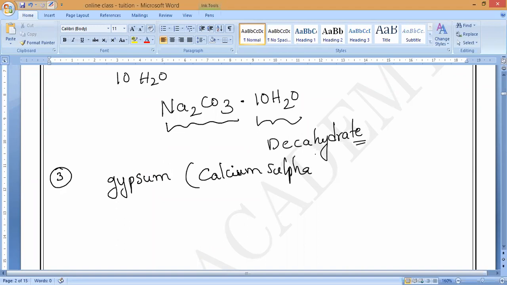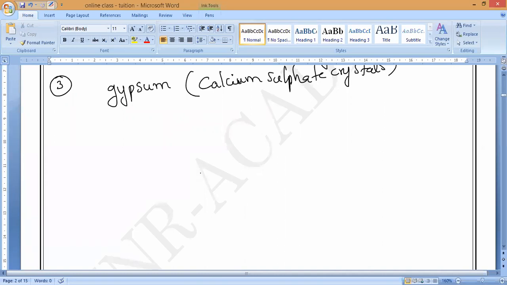So one formula unit of calcium sulfate crystals contains how many units of water of crystallization? 2. What is the gypsum formula? CaSO4.2H2O.